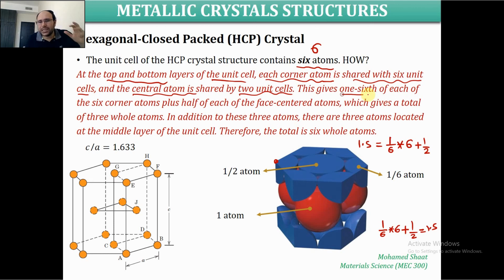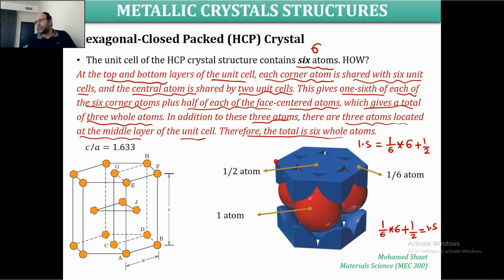This gives 1/6 of each of the 6 corner atoms plus half of each of the face center atoms, which gives in total 3 whole atoms for the top and bottom layers. In addition to these 3 atoms, there are 3 other atoms located at the middle layer of the unit cell. Therefore, we would have in total 6 whole atoms that form the unit cell of the HCP crystal. Make sense?